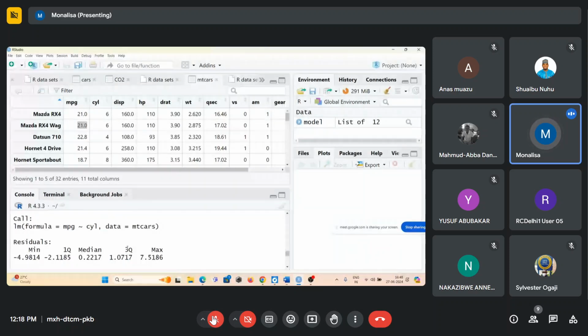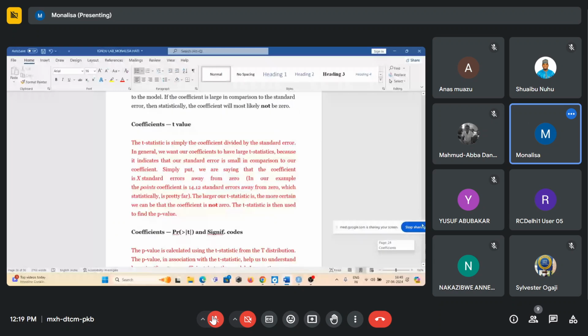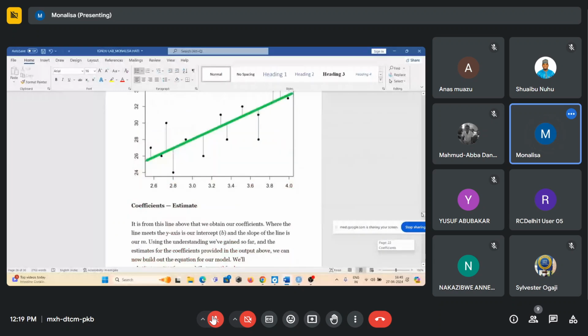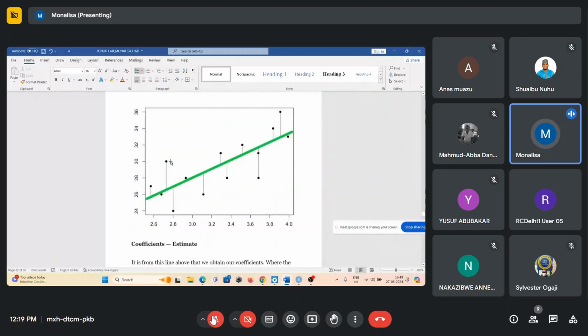So these are what? These are the residuals, right? Residuals means the gap between the actual one and the interpreted one. You can see this, I can show you. Here you can see these black dots are the actual data.